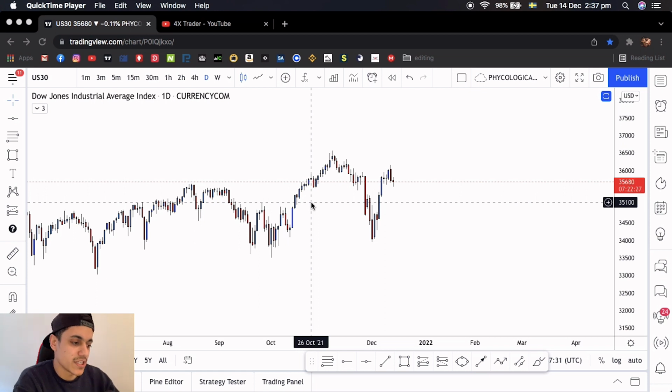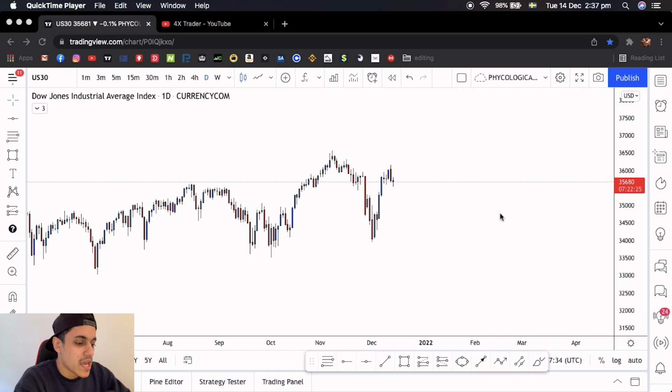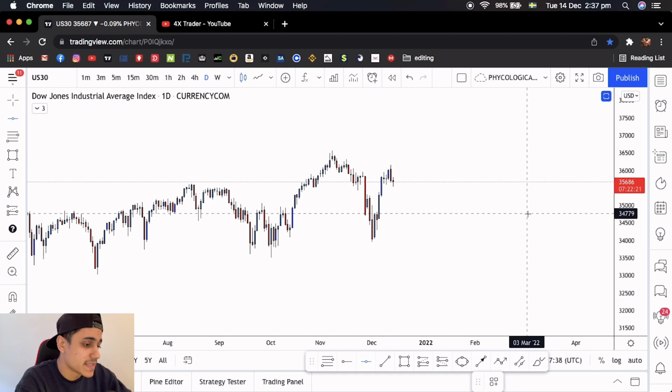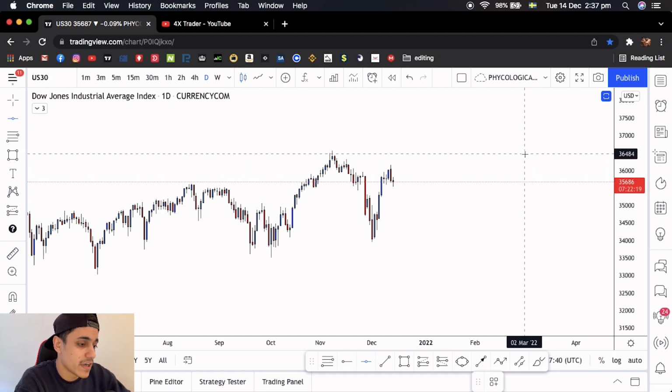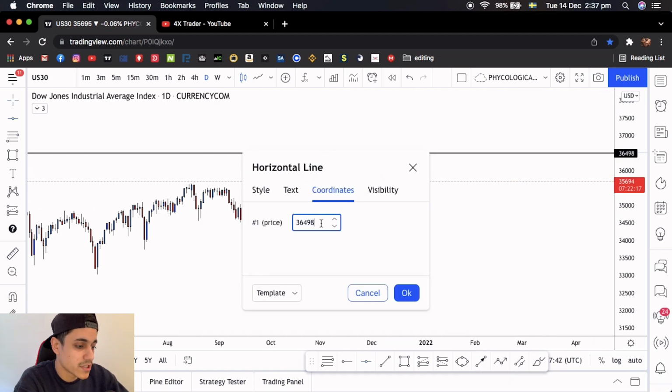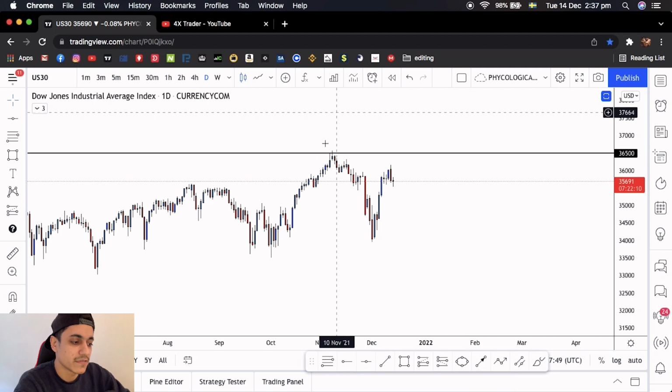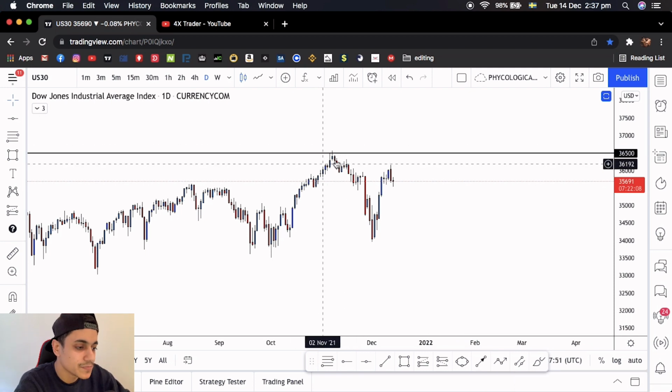Now, in this strategy, and the reason why I like it is because if I take my horizontal line right here and place it at 36500, you can just double click and adjust the number coordinates to make it exactly 36500. Now look to the left. Look what happened here. Market stopped right there.